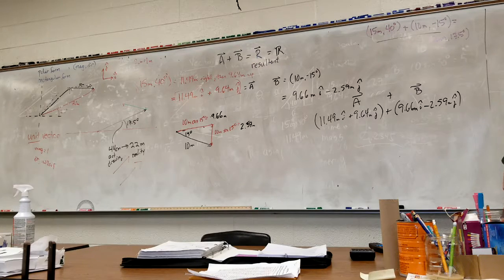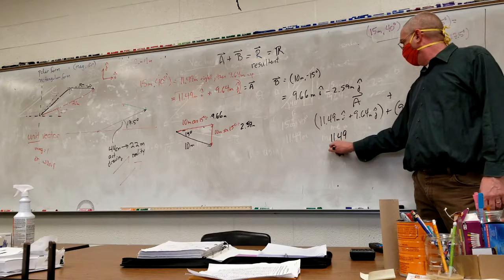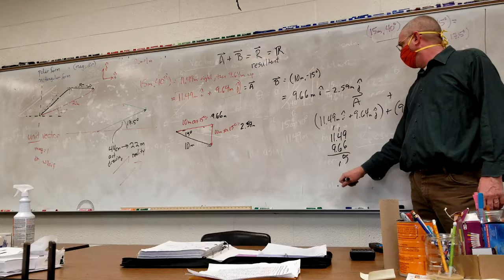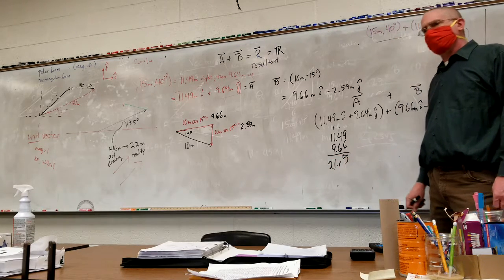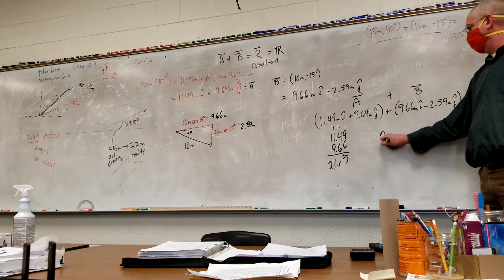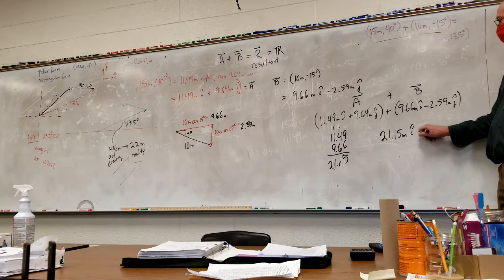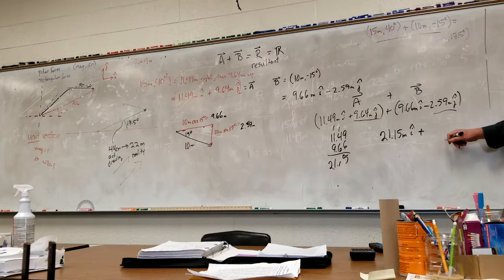So 11.49 plus 9.66 is 21.15. So I get 21.15 meters i hat plus, well, now I do the j parts: 7.05.